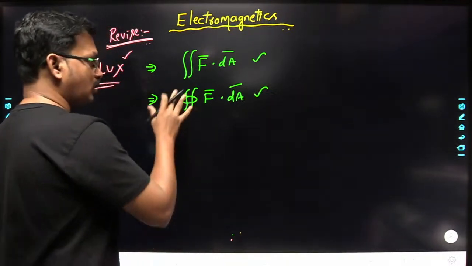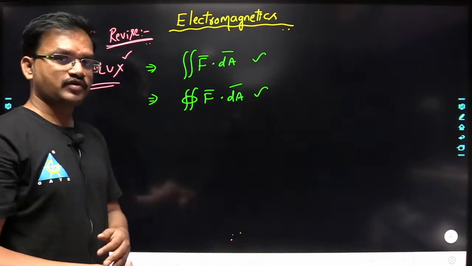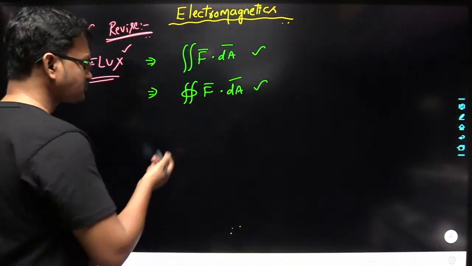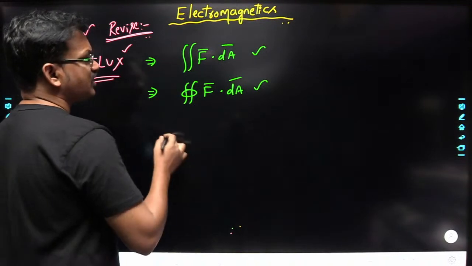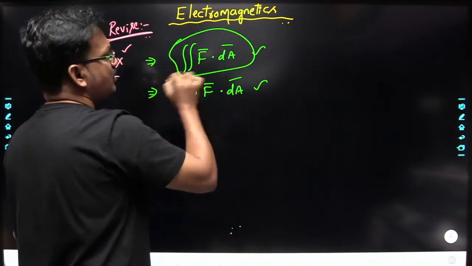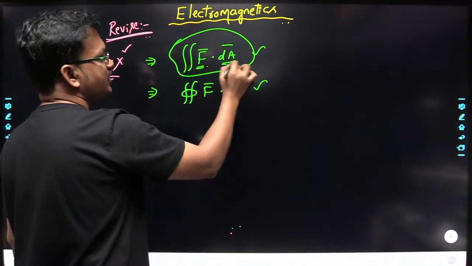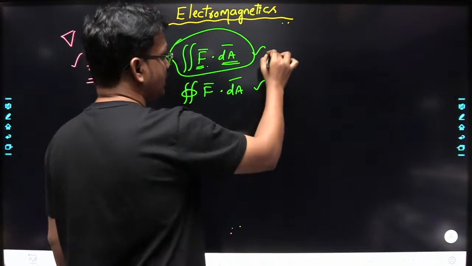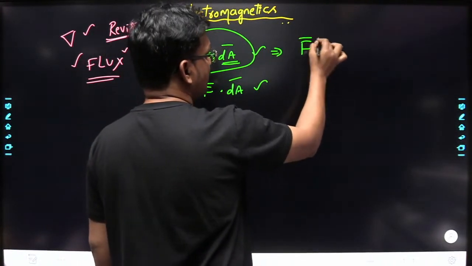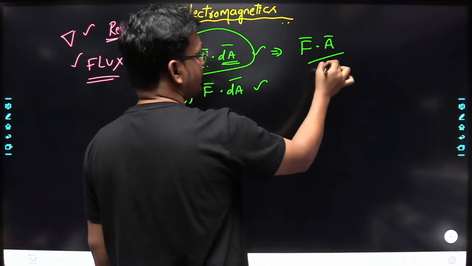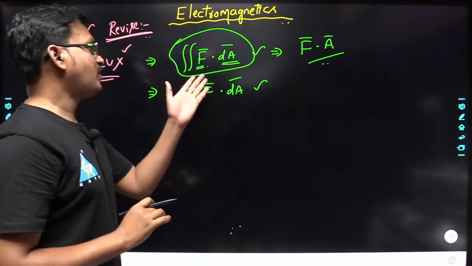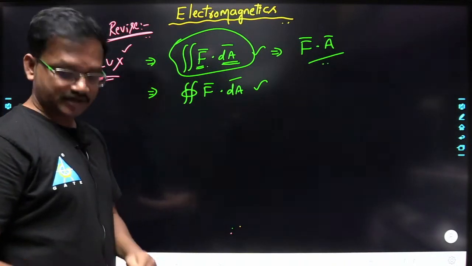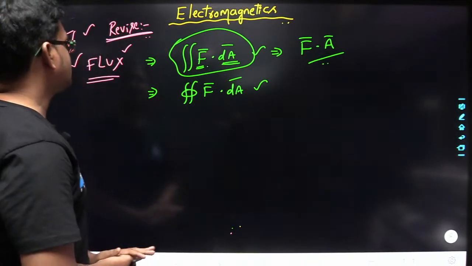Next, if F bar is constant with respect to the integration variables, then you can directly write flux as F bar dot A bar.